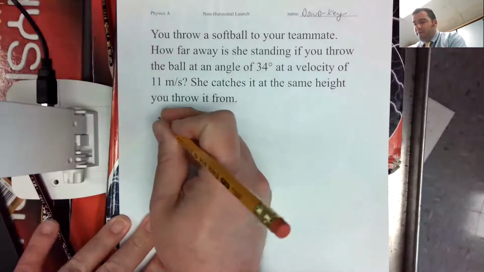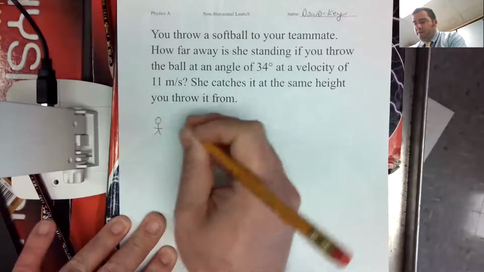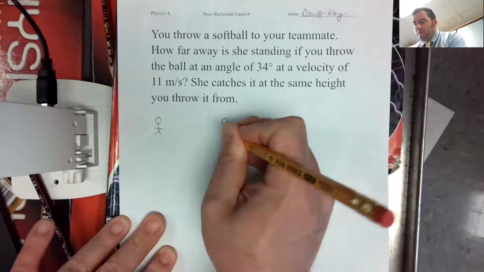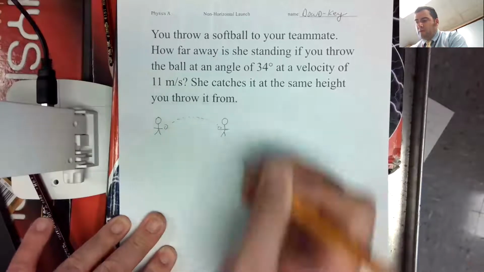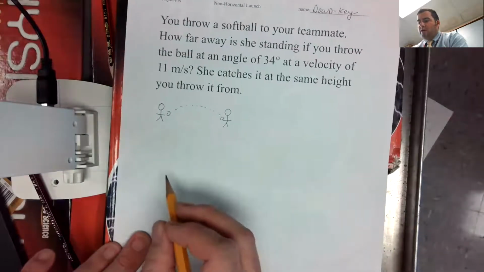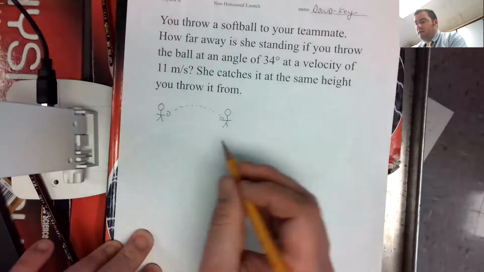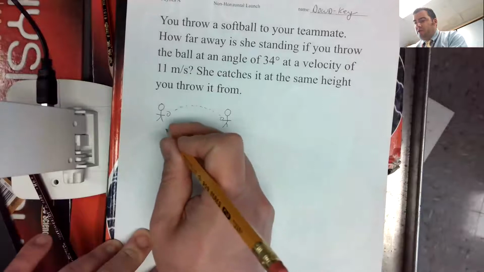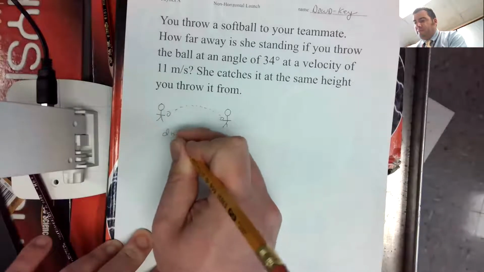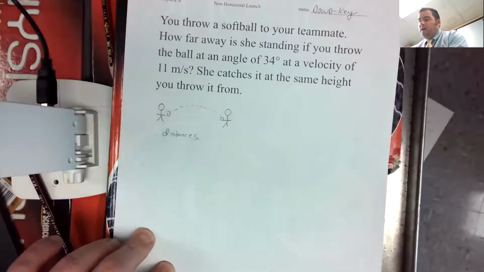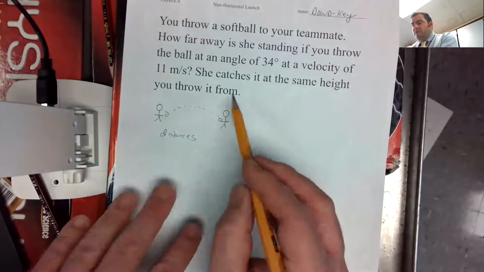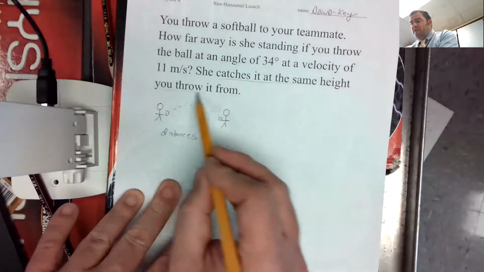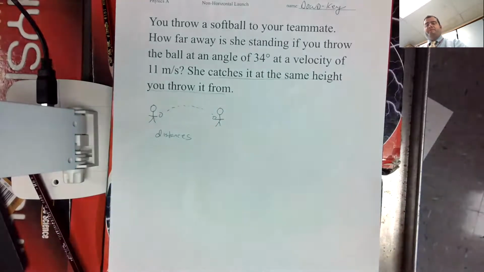So let's draw our two players here. And there's our picture. Basically, in this picture, we're going to be looking at distances. And what makes this problem a little bit simpler than it could be is that one of the players catches it at the same height the other player throws it from.